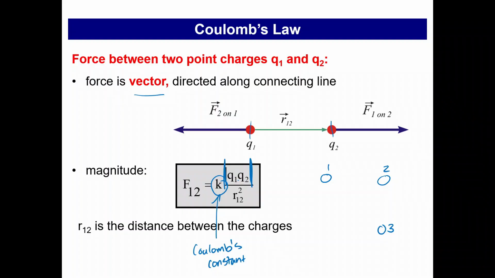Just use the magnitudes. So if Q1 is negative and Q2 is positive, don't include the negative. Or if you do, just take the absolute value, because we're going to use diagrams to determine the direction, because that can get kind of confusing. And if you forget that one's negative and the other one's also negative, and you forget the negatives, things can go weird or wonky.